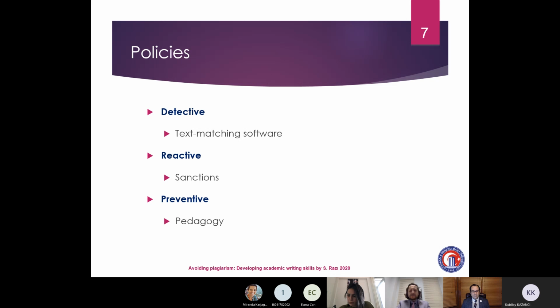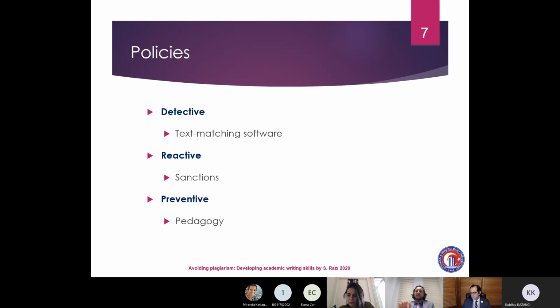Or some other policies, very limited policies, aim for the prevention of academic misconduct. What does it mean? It means that they try to benefit from some pedagogical approaches, by the help of pedagogy, moving from misconduct to integrity promotion.